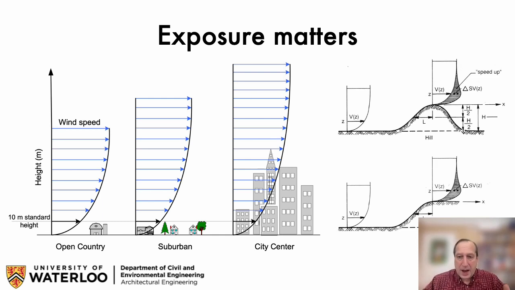And again, we can calculate using the National Building Code of Canada Part 4 commentary, or the ASCE 7 in the United States wind standards, which give you pretty much the same answer. So these effects on wind speed are directly correlated with the amount of wind-driven rain that can occur.